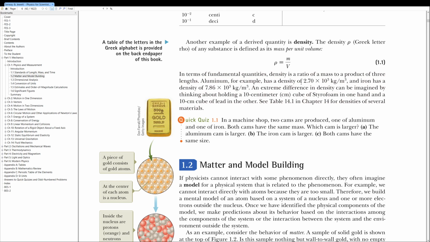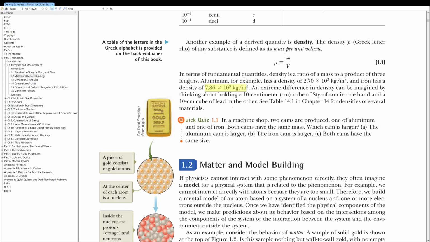It says aluminum has a density of 2.7 times 10 to the third kilograms per meter cubed, and iron has a density of 7.86 times 10 to the 3 kilograms per meter cubed, right? So which one is more dense? Obviously the iron is more dense. It's almost 3 times as dense, right?